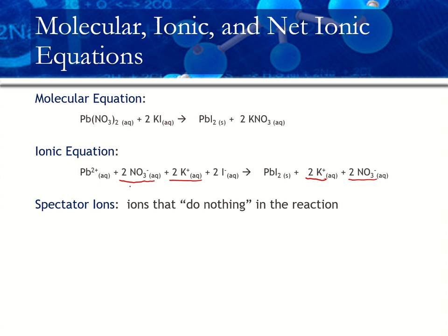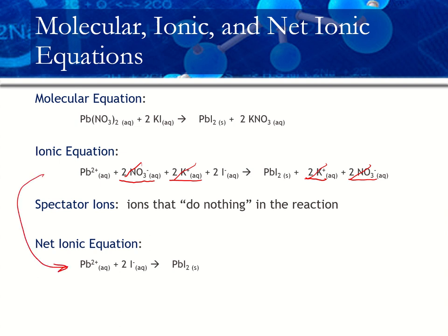What's left that isn't underlined is referred to as the net ionic equation. It's the summary of what's really happening in this reaction. Now, a lot of times students, when I ask them to write a net ionic equation, they write the ionic equation, they identify the spectator ions, they cancel out the spectator ions, and what's left is the net ionic equation.